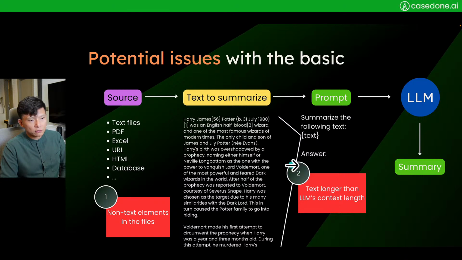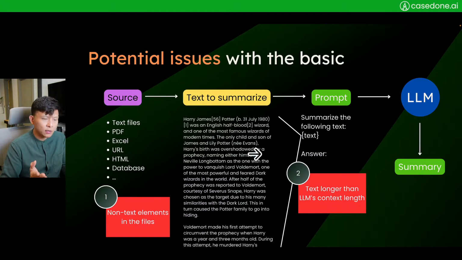The second challenge is that the text you want to summarize can end up being too long, longer than the LLM's context length. Remember, the LLM context length is the maximum number of tokens that can fit into the LLM. If you have more than that, you cannot fit it.